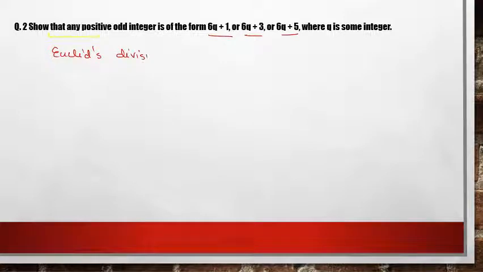We have already studied Euclid's division lemma. What is it? If a is a positive integer, it can be represented as bq plus r, where the condition is that r will always be greater than or equal to 0 and less than b. Correct.